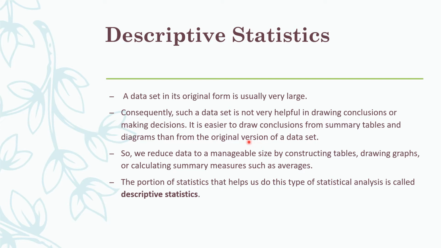We usually have to break that down, and so we need to do things like summary tables and diagrams in order to make that easier to communicate. And so we reduce the data to manageable size by doing things like tables, graphs, and calculating numbers such as averages and standard deviations, to say something about the data without having to present all of the data, because it just would not make sense to most persons.